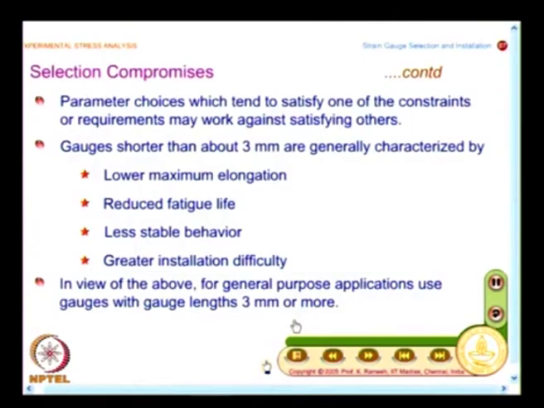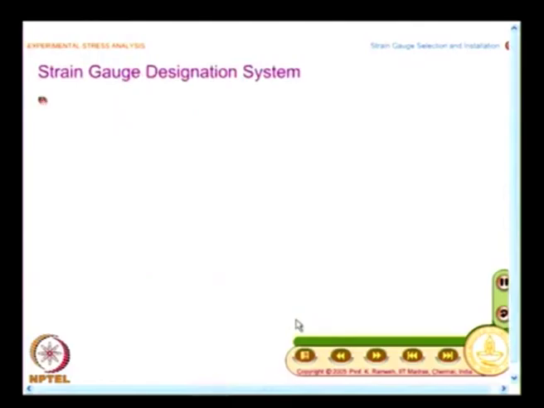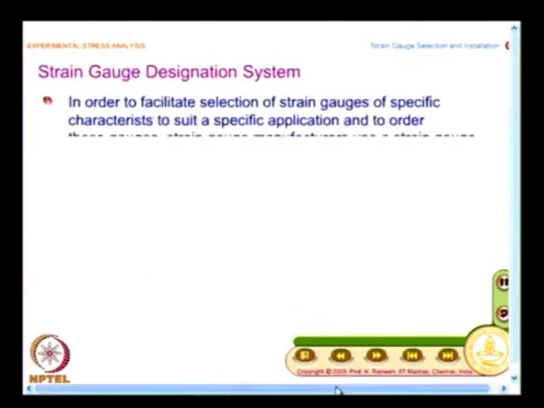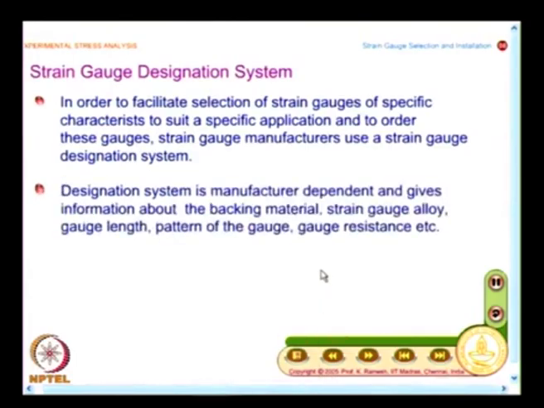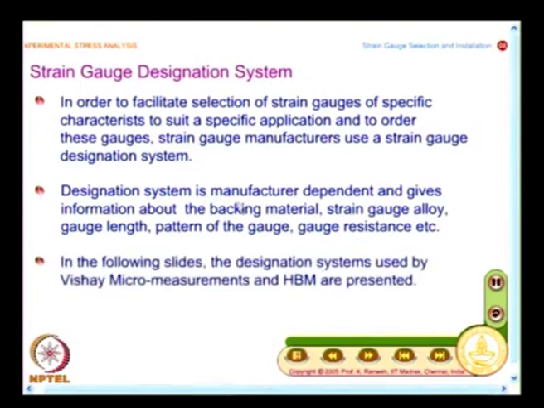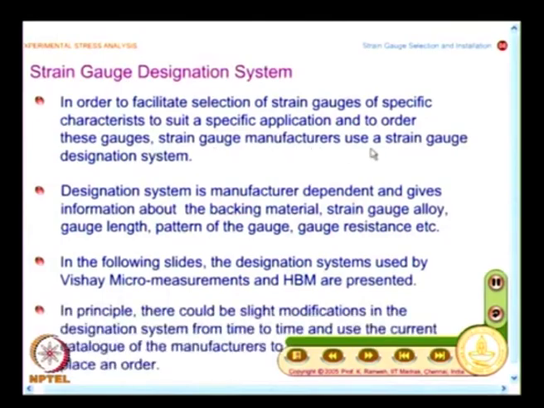Do not go and emphasize that you need to go for smaller gauge lengths. And if I have to select a strain gauge of suitable characteristics and also to order these gauges, strain gauge manufacturers use a strain gauge designation system.